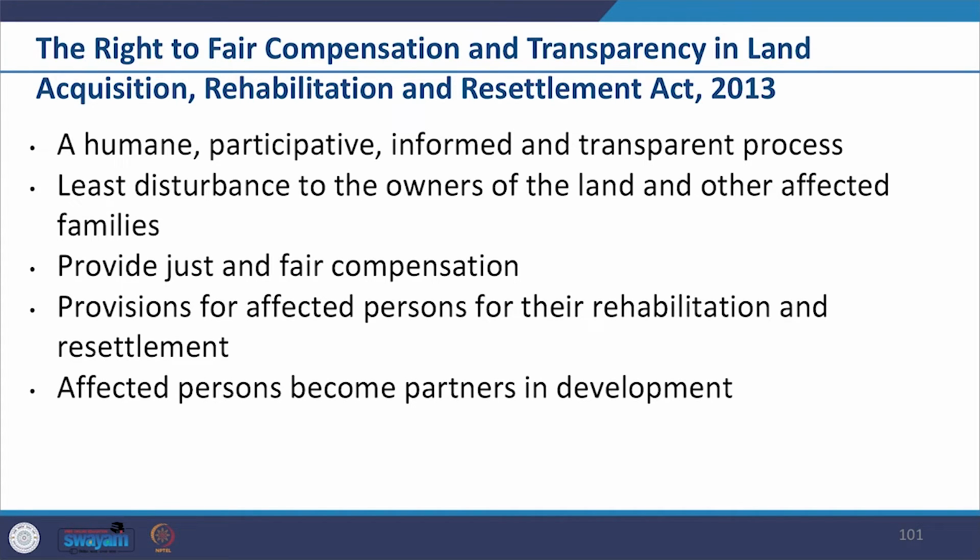the Act makes adequate provision for the affected persons for their rehabilitation and resettlement, for ensuring that the cumulative outcome of the compulsory acquisition should be that affected persons become partners in development, leading to an improvement in their post-acquisition social and economic status, and for matters connected therewith or incidental thereto.